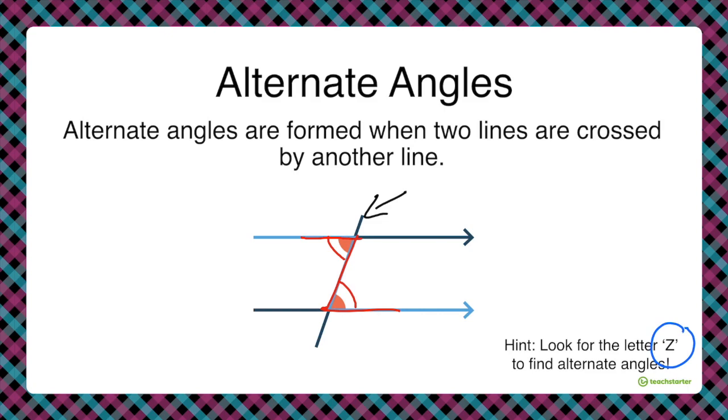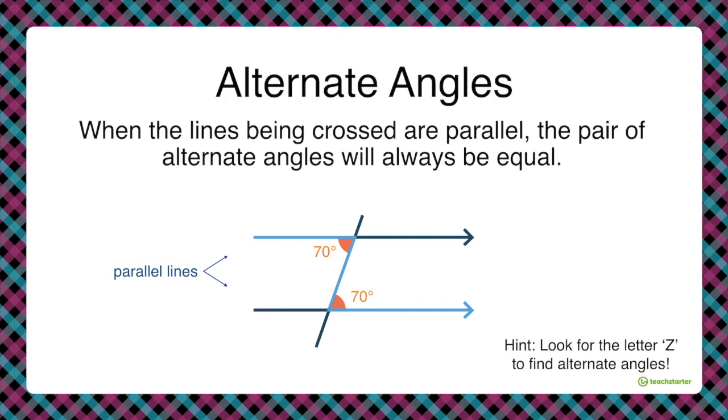In the exact same fashion, if the lines are not parallel, we can still find the Z here, and these would still be called alternate, but if they're parallel lines, then the alternate angles are always equal to each other.